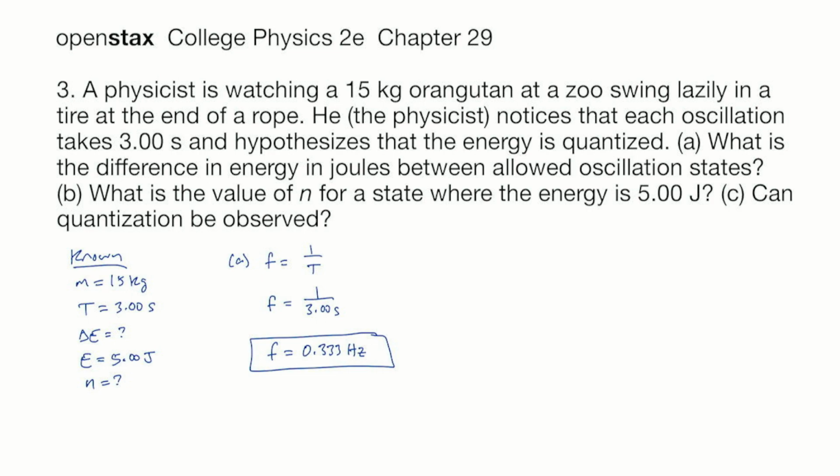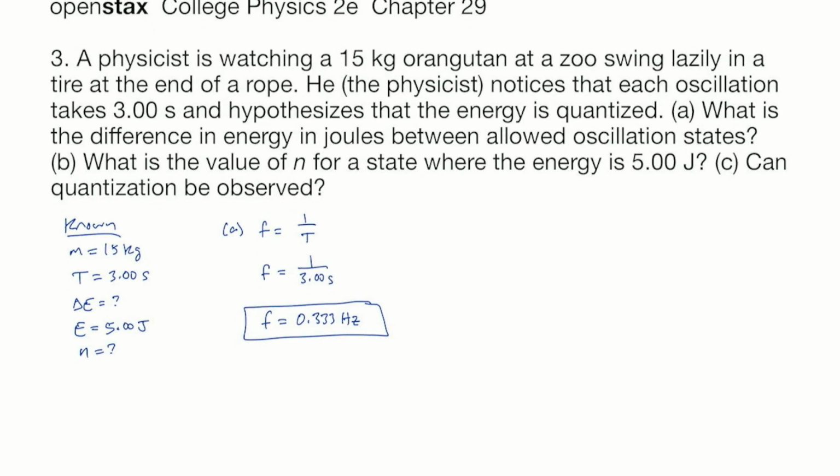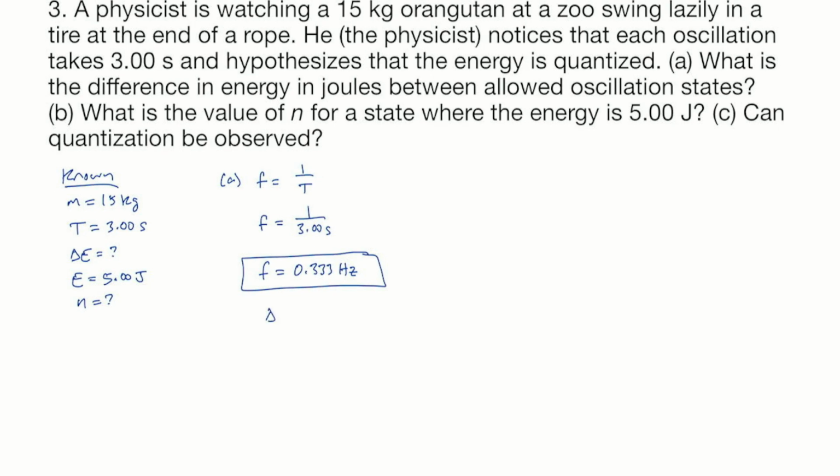Okay, but we need the energy, and so delta E is H times F. And so delta E is 6.626 times 10 to the minus 34 joule-seconds, multiplied by the frequency, 0.333 hertz.